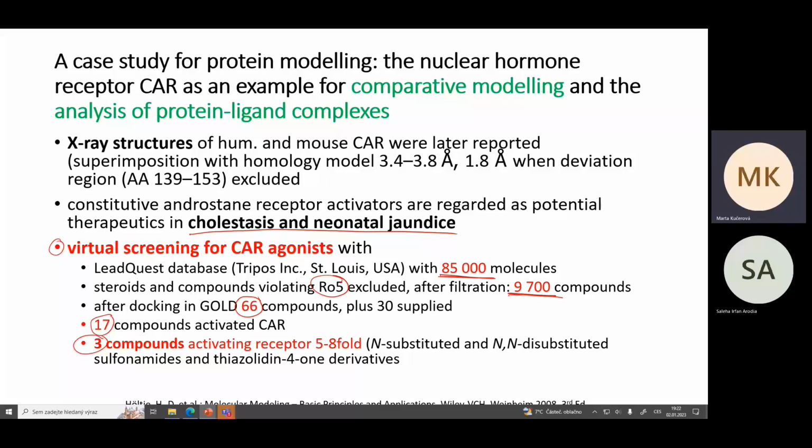However, this receptor is called an orphan receptor, so the physiological role of this receptor is not yet known.